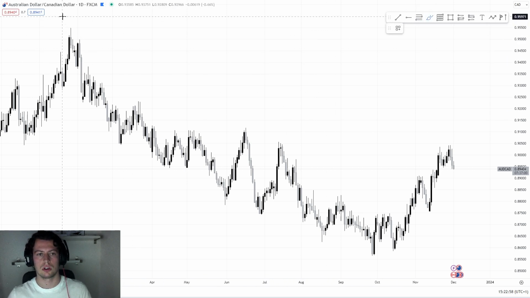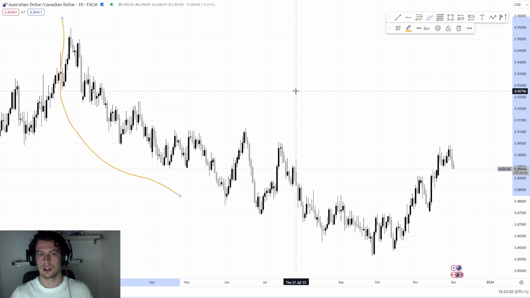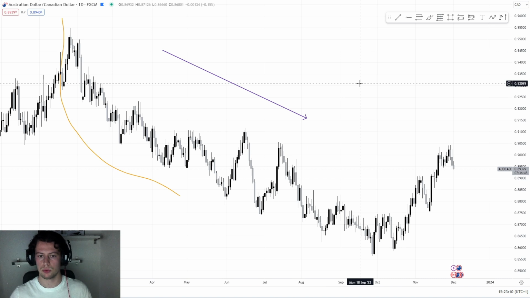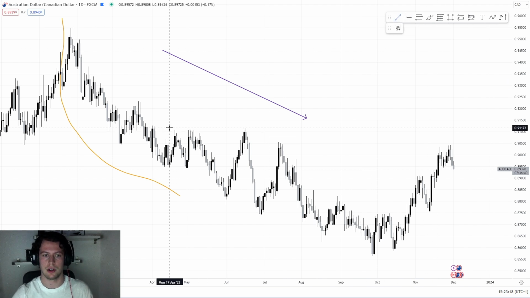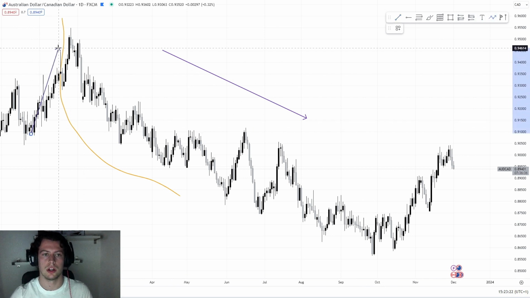We will talk about this trend. You can clearly see by your eyes that we are in a downtrend, but we have to justify why it's a downtrend. We can see that we were in an uptrend here, and here we changed character.